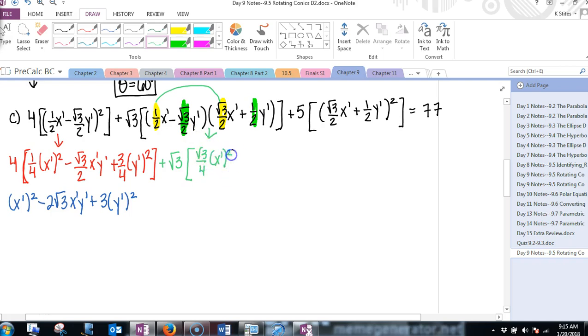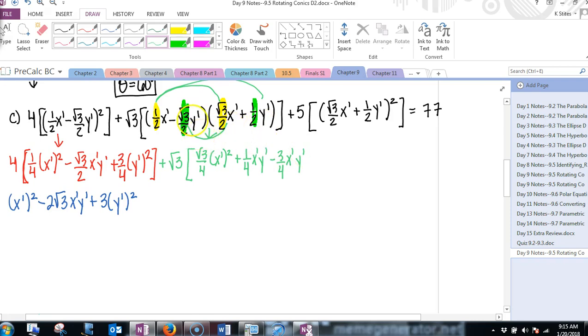x prime squared. You have 1/2 x prime times 1/2 y prime, which is 1/4 x prime y prime. Then you have root 3 over 2 times root 3 over 2 with a negative, which is 3/4 x prime y prime.